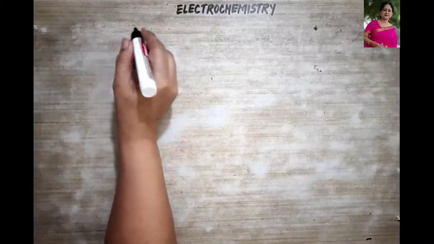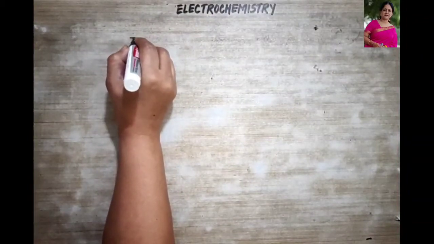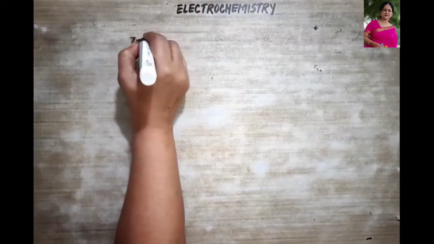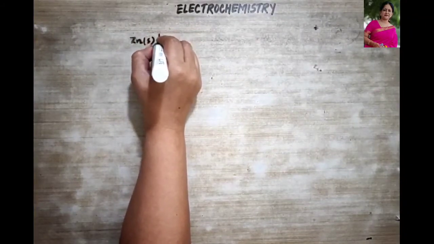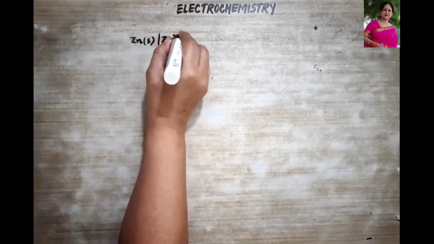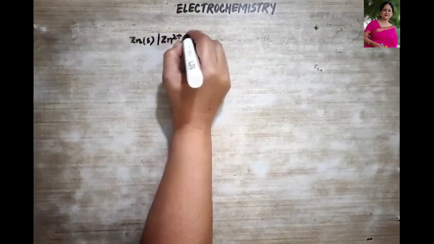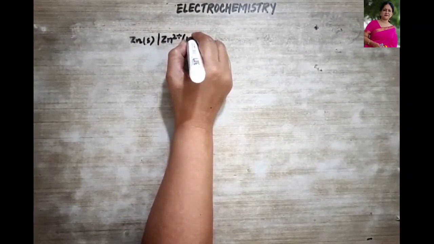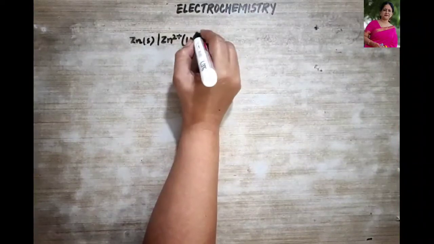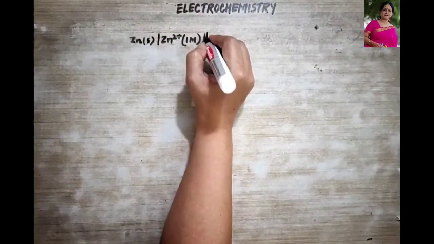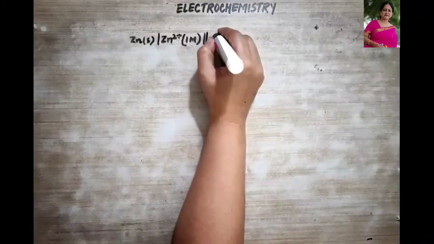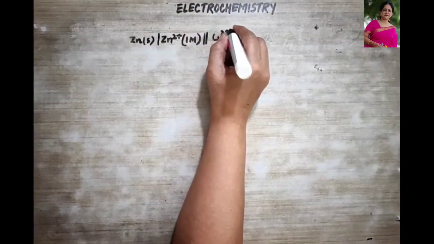It can be represented like this. You will generally see it: Zn in the solid state converted to zinc ion, where the concentration of the zinc solution was 1 M. And this is the other cell, coming to copper ion.